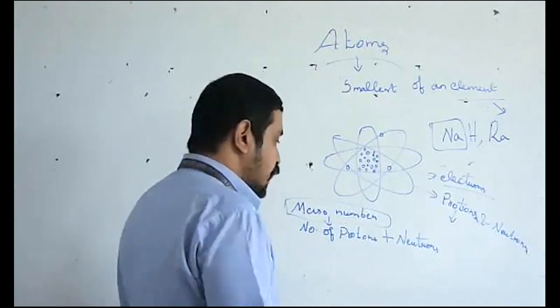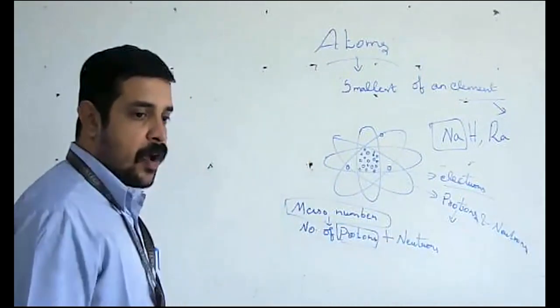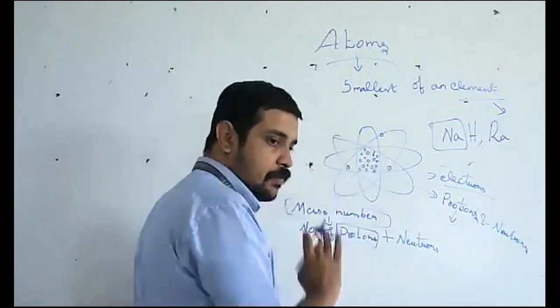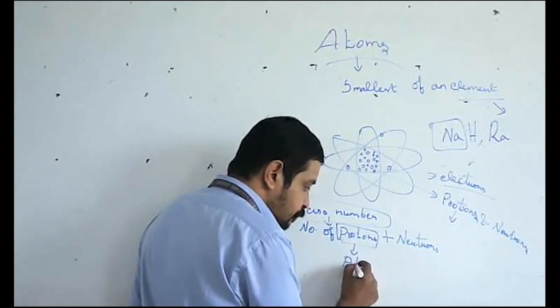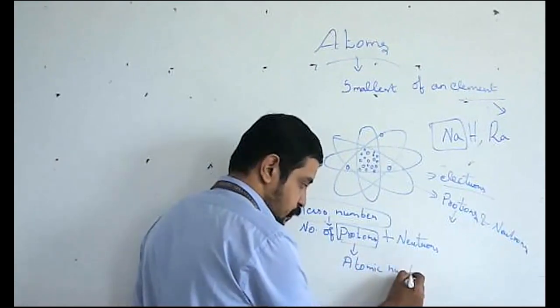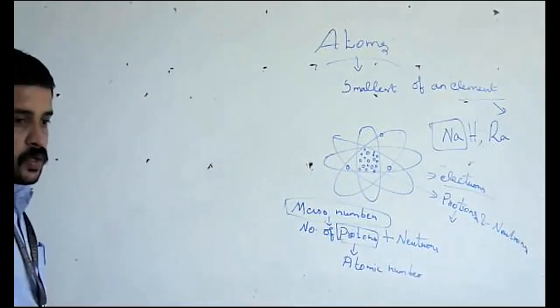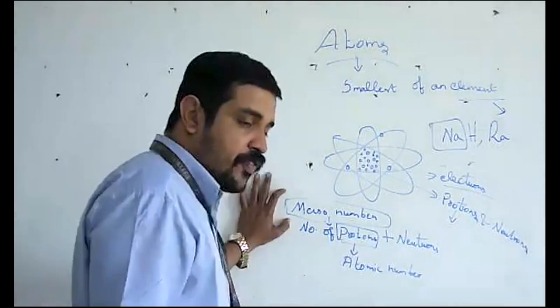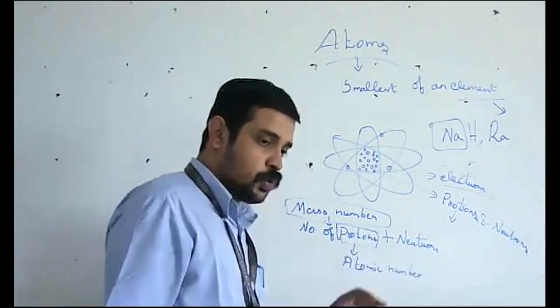And the number of protons present in an element is also called the atomic number. You have to understand these basics. So, the mass number of an element is the total number of protons and neutrons.